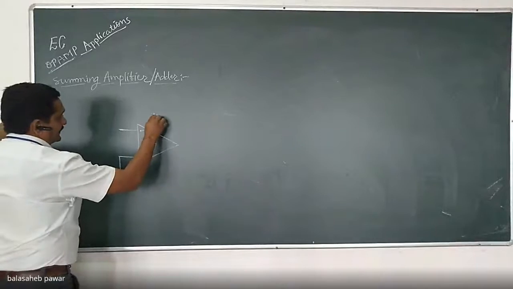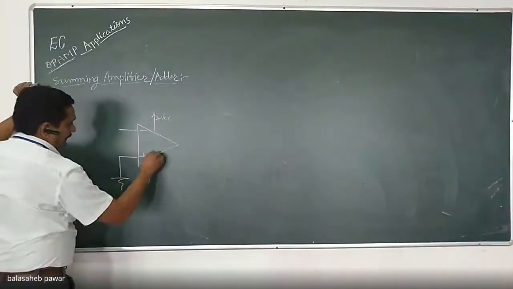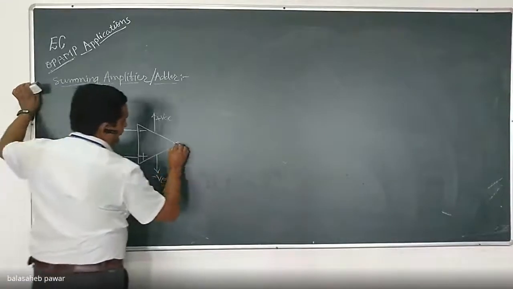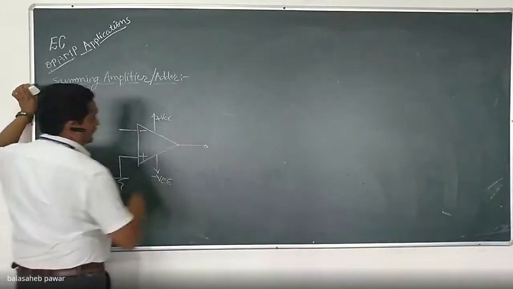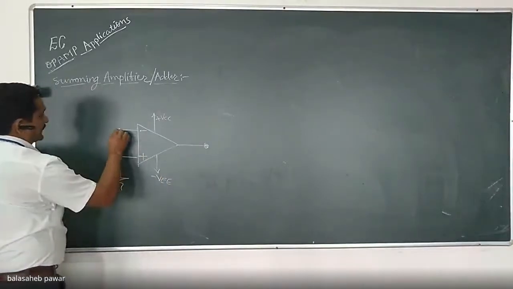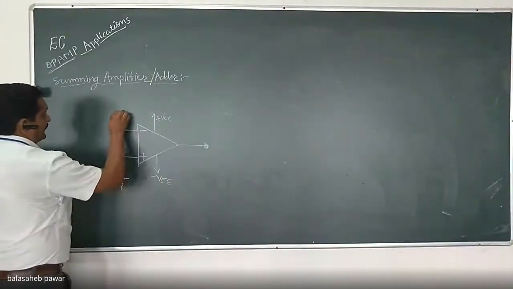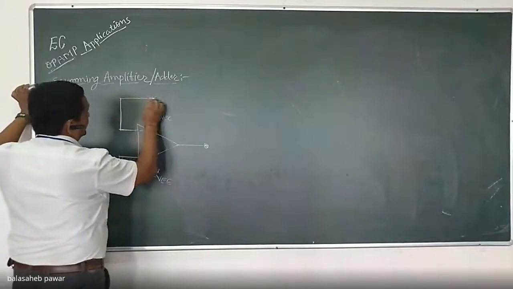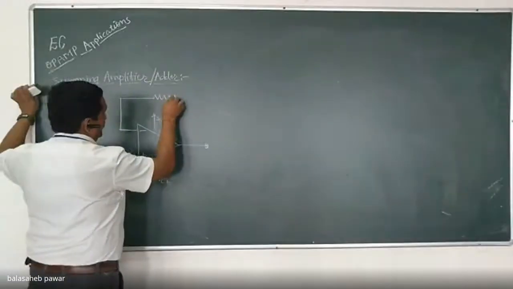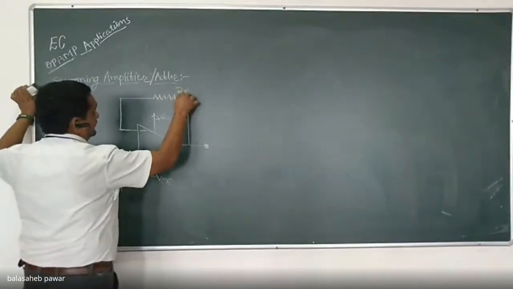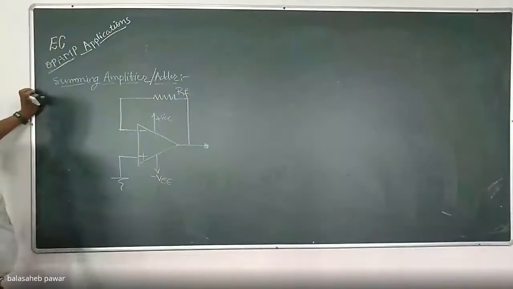There should be a plus VCC and minus VEE, and the output will be from pin number 6 of that op-amp. There is a need of feedback to avoid saturation. So that feedback will be applied through this resistor, which is known as the feedback resistor.